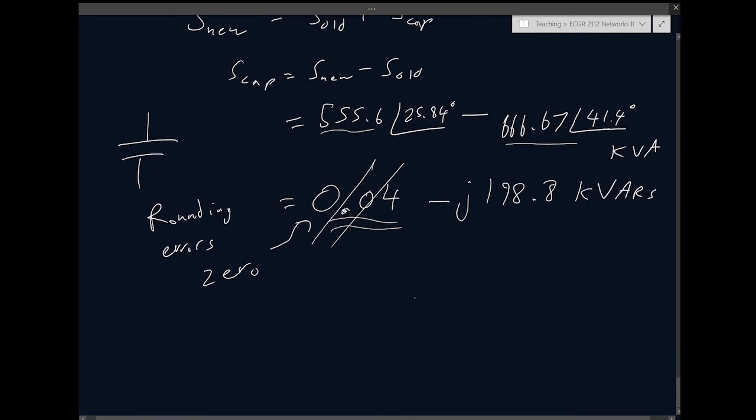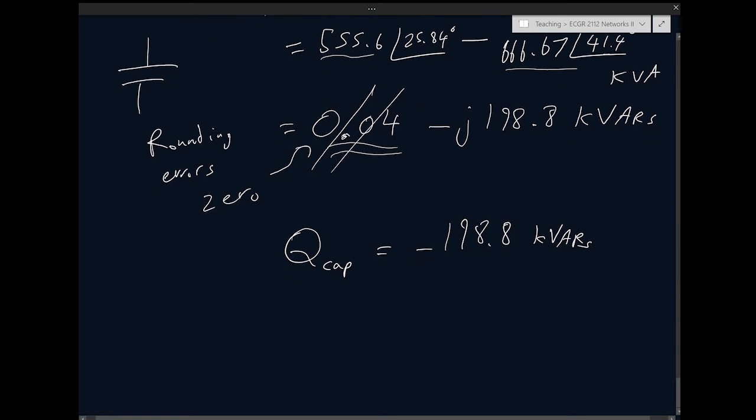Right? So that means that Q cap is minus 198.8 kVars. And we use kVars instead of kVA because this is just the imaginary part, which is the reactive part. Okay? So we derived Q cap in this lecture. We said Q cap is omega C VRMS squared equals minus 198.8 kVars.